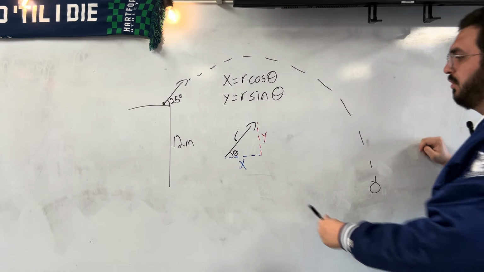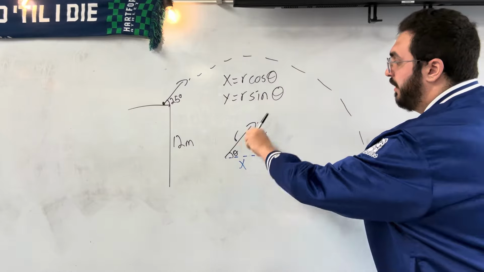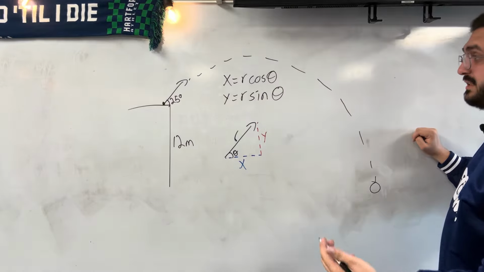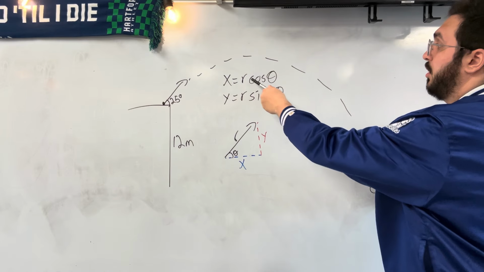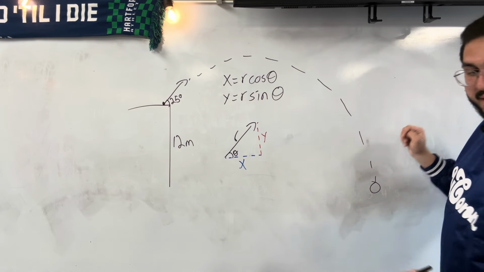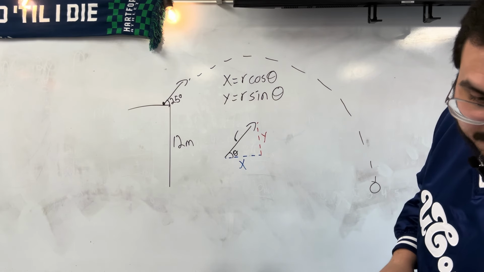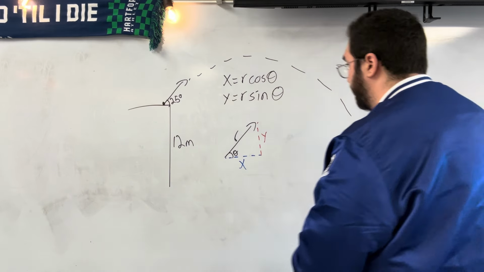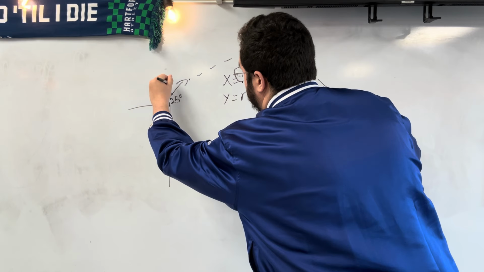To solve for the x component of our resultant vector, in this case our velocity, we use this top formula, r cosine theta. R in this case, I believe, was 18. Yes, it was. So I'm also going to label on my diagram that this is 18 meters per second.